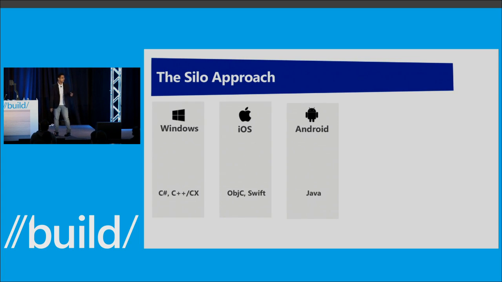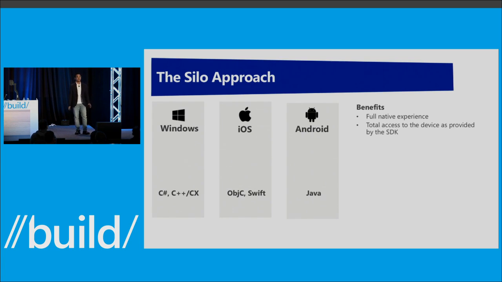Obviously, a lot of apps are written in this manner, and there are benefits to this approach. You have the full native experience. You have access to the platform SDK, which allows you to access all platform APIs and leverage full feature compatibility on that particular platform.